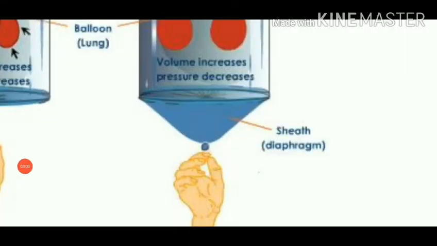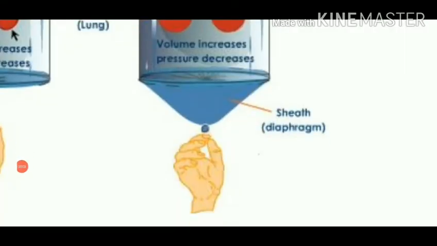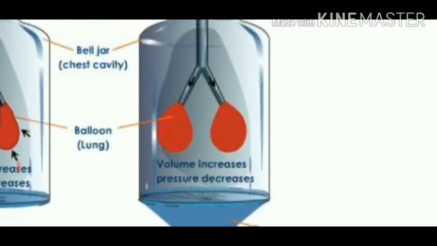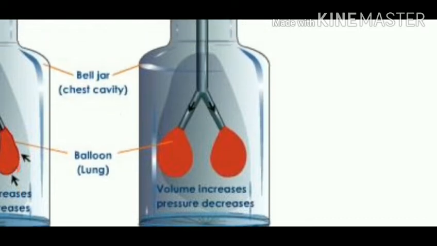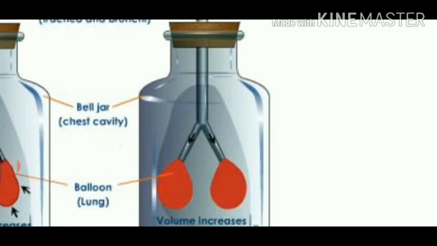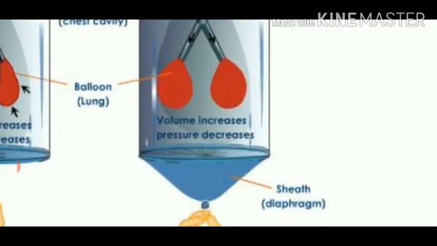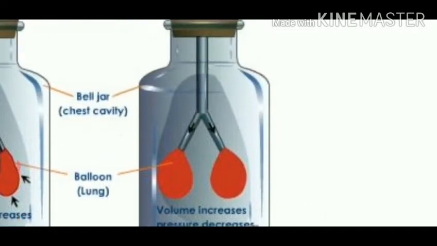We will observe that when the rubber sheet is pulled down, the balloon gets filled with air because the cavity increases and air rushes in. This is exactly what happens during the process of inhalation. The diaphragm expands and air rushes into the lungs.